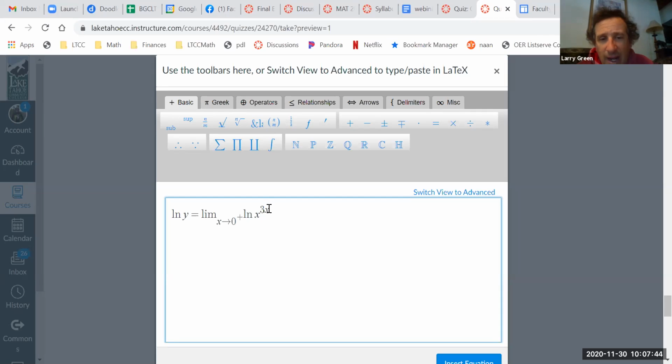And then when I have a natural log of x to the 3x, I can rewrite that as 3x natural log of x. But I need to rewrite it even more, because if I plug in, I get 0 times negative infinity, and that means do some work. So do you remember the trick on this one?